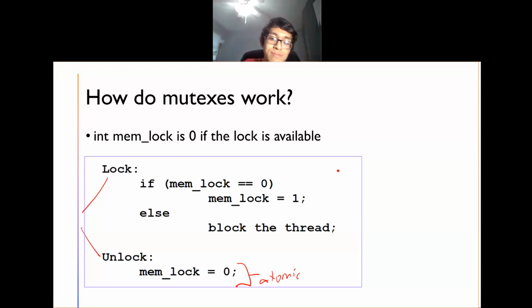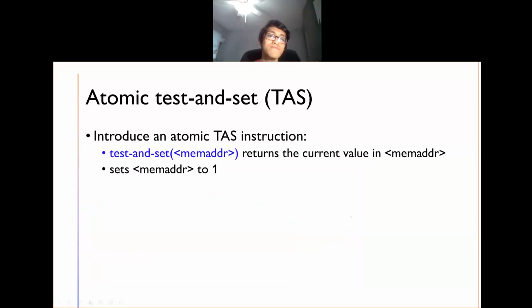Locking is a problem. It's a big problem because you have a lot of stuff going on and you want to make sure that all of this is itself atomic. So how do you make sure that it's atomic? You introduce a new instruction.